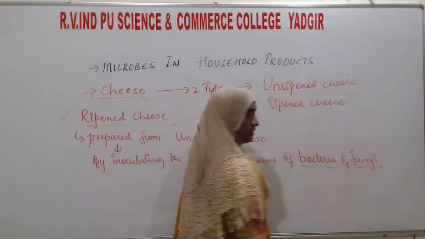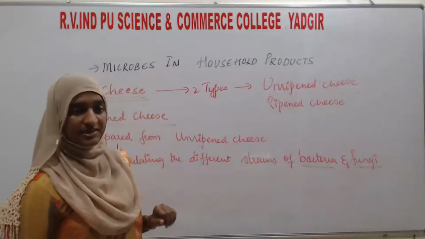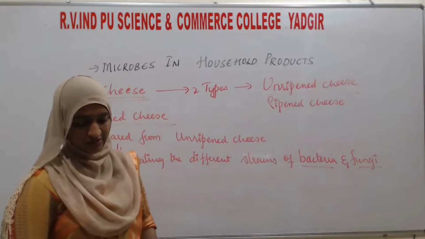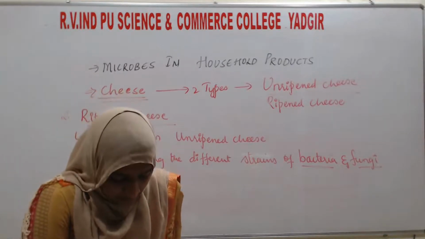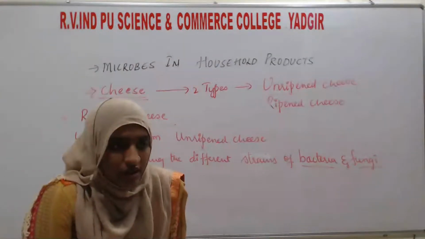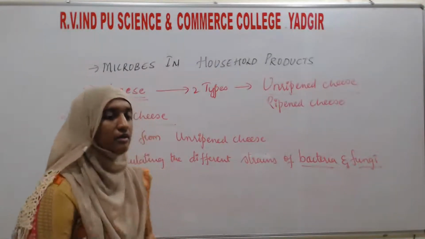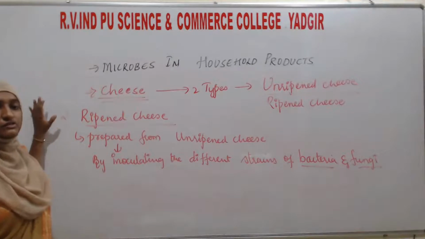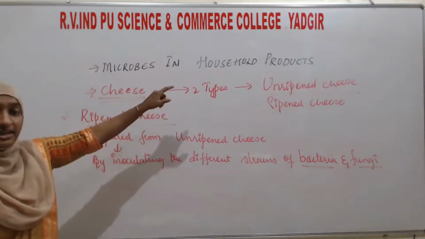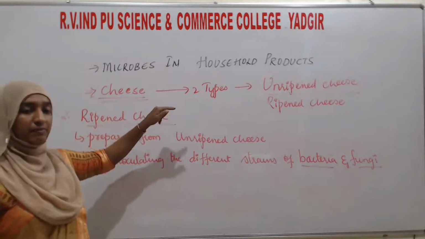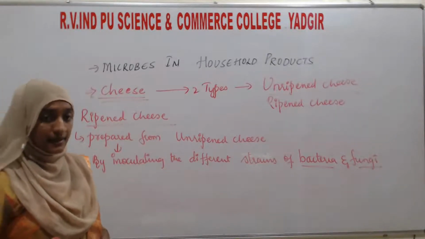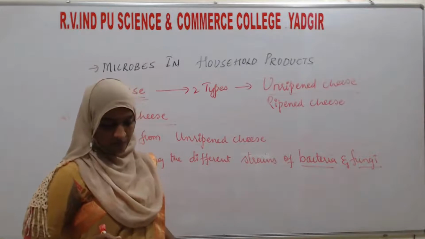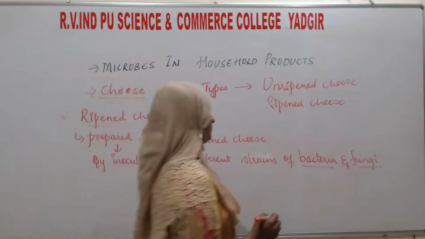What they are inoculating into the unripened cheese means a certain process is going to be done. They are going to dip, wipe, and then mature. This is the process when the unripened cheese is taken for the preparation of ripened cheese: dipping, then wiping, and then maturing.